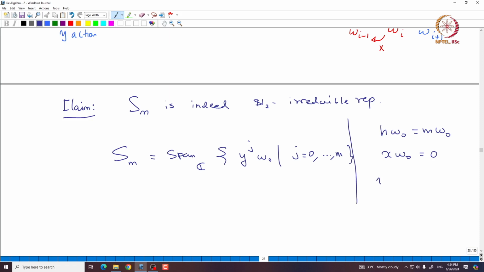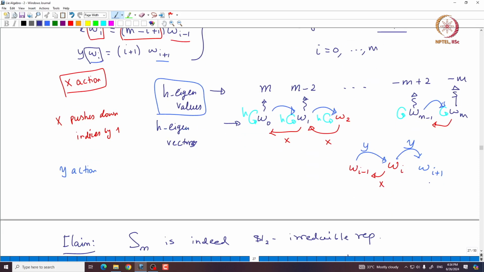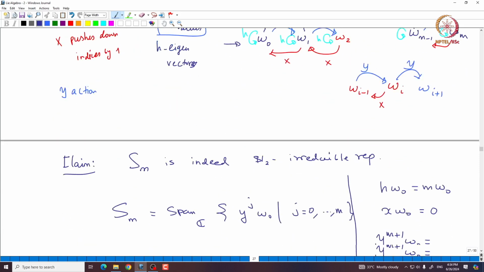You can also see that Y^{m+1} w_0 is going to be a multiple of w_{m+1}. Every time you are increasing the index by 1. So if you start with 0 and go up to m, you reach w_m, and then with m plus 1 you would go to w_{m+1}.